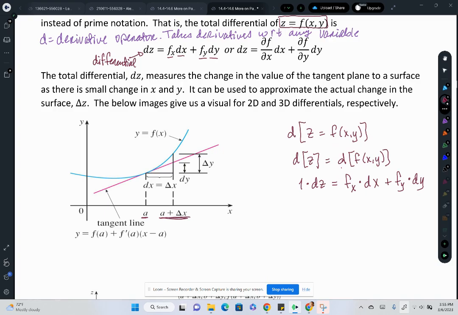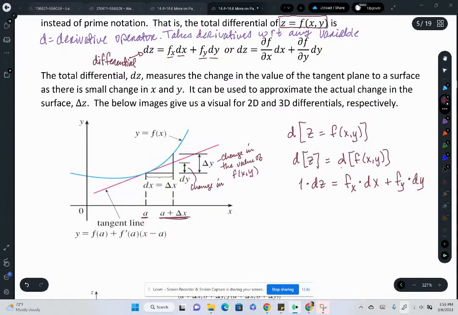But when we change an x value, there's going to be a corresponding change in the function value, as well as a corresponding change in the equation of the tangent line value. So delta y is the change in the value of f of x, whereas dy was the change in the value of the tangent line. So a little bit different, right?